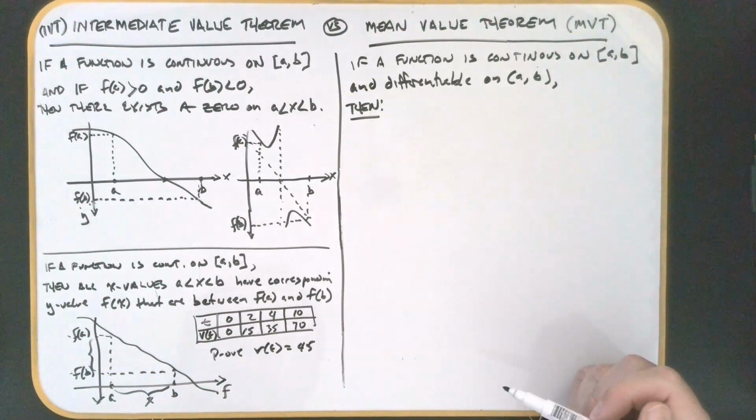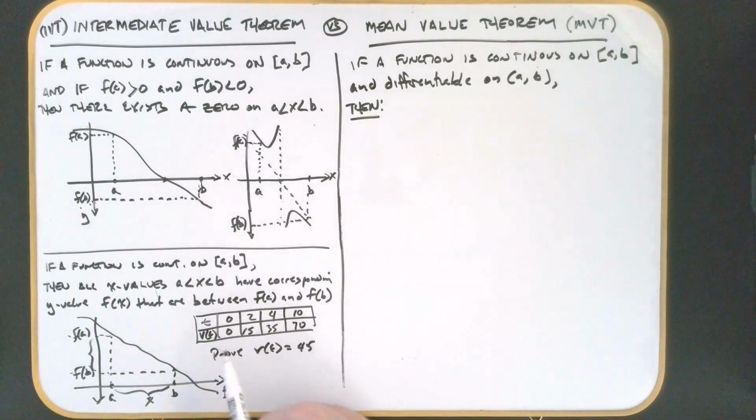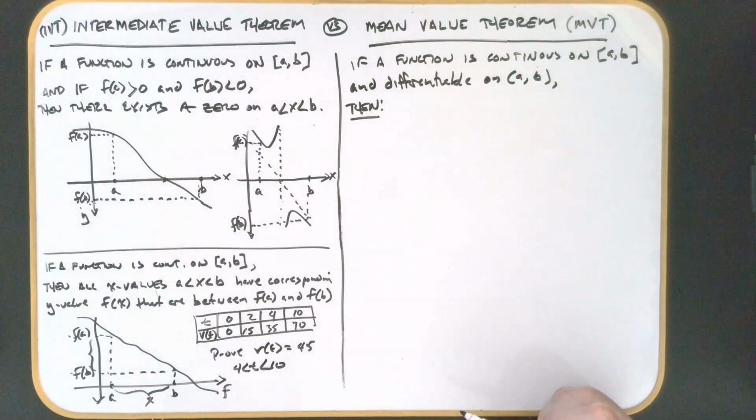And you'd look at that and you'd say, well, yeah, of course it's got to be, because they tell you in the problem that the velocity is continuous, and you're looking at this going, well, it goes 0, 15, 35, and 70. Well, of course it's got to be 45, because at my two extremes it's 0 and 70. Or they might say, more precisely, prove v of t equals 45 somewhere in the interval 4 to 10.